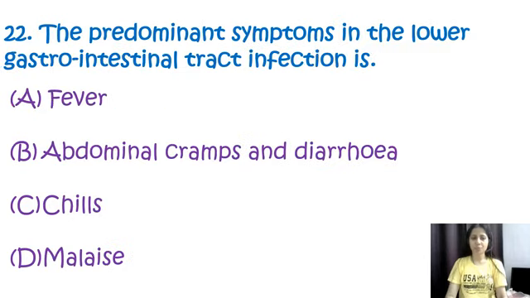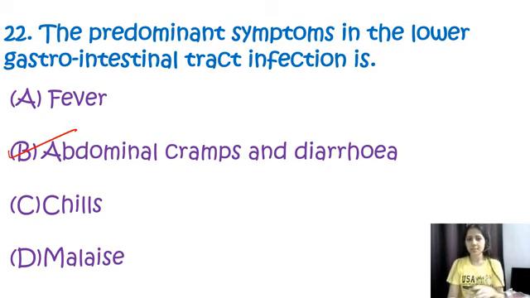Question number 22. The predominant symptoms in a lower gastrointestinal tract infection are, so options are fever, abdominal cramp and diarrhea, chills, or malaise. So over here my correct option will be option number B. A lower gastrointestinal tract infection typically manifests with symptoms such as abdominal cramps and diarrhea.